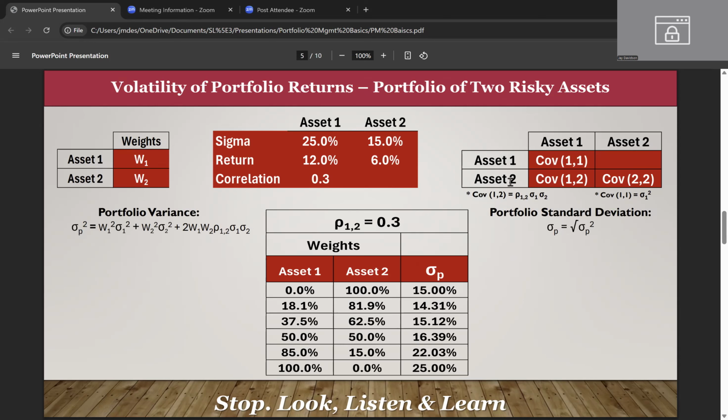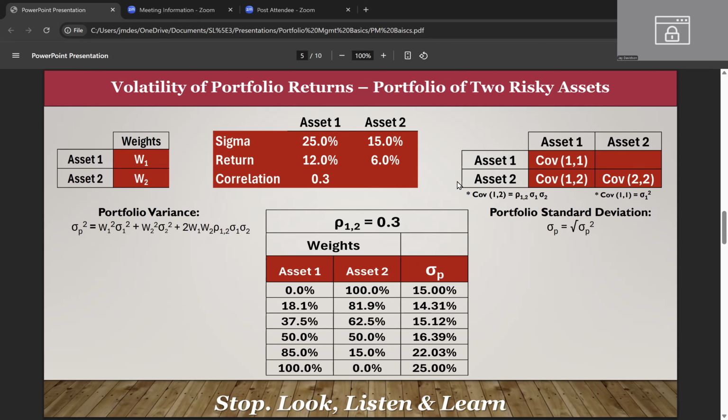In layman's terms, when you combine those two assets into your portfolio, the standard deviation of the portfolio will be less than the weighted average of the standard deviations of the assets comprising the portfolio, right? And you can see that pretty clearly here.